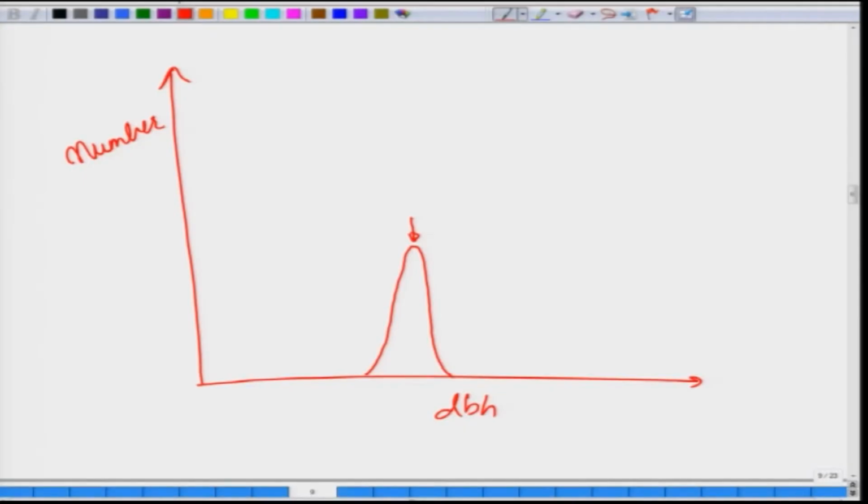So, you can even replace your DBH and you can say age. So, if you draw a number and age curve for an even aged forest or an even aged stand, it will look like this. Now, if you draw a number of even aged stands, so suppose you have an even aged stand like this here.